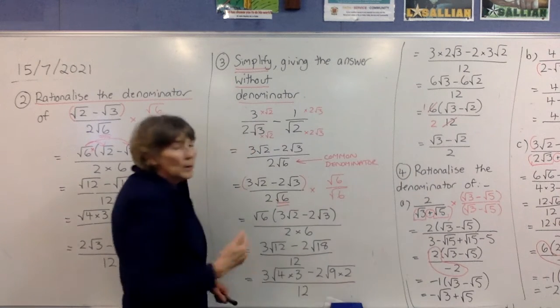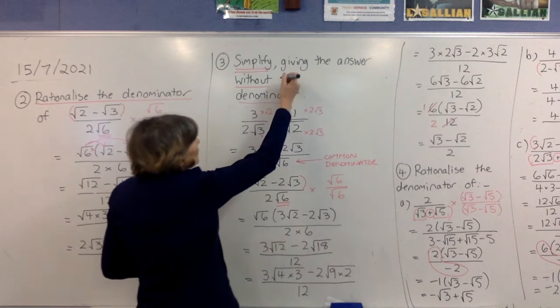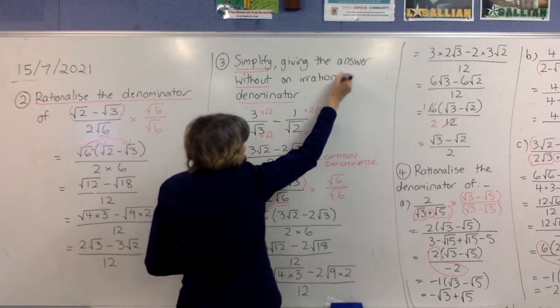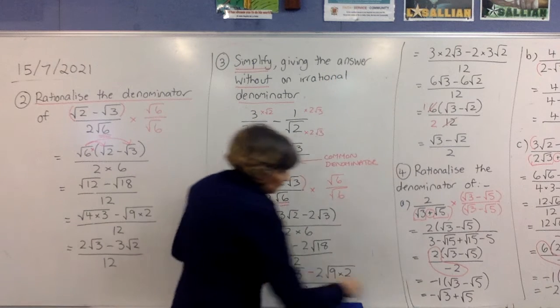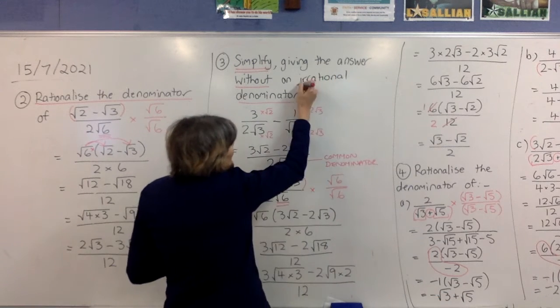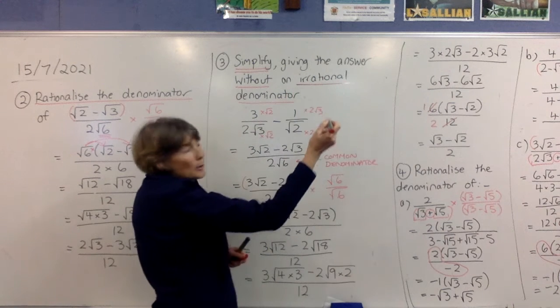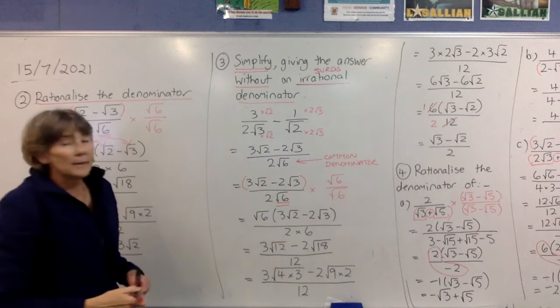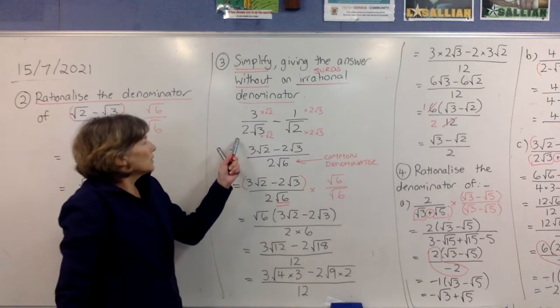They normally say with a rational denominator or without an irrational denominator. In other words, if it's without an irrational, it's without surds in the denominator.